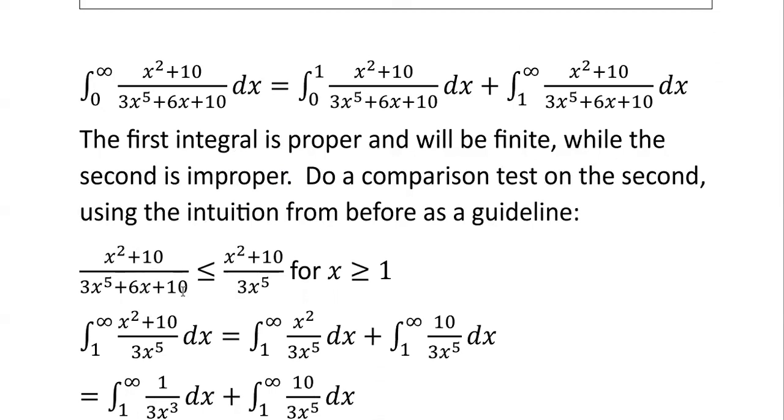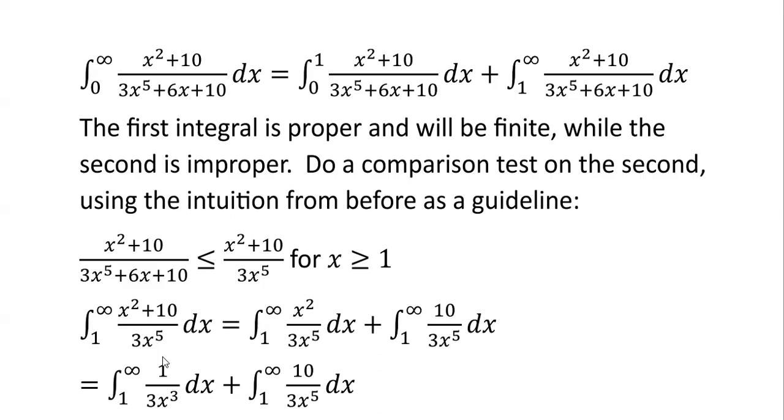I just got rid of these two bottom terms, and this is much more clear to most people, hopefully, that the right-hand side is bigger because we're dividing by less. And then this integral was easy as well to determine the convergence of. And then by the comparison test, our integral converges as well.